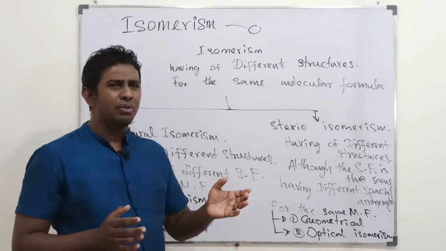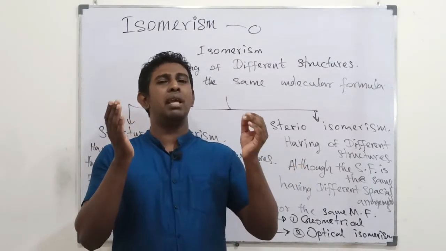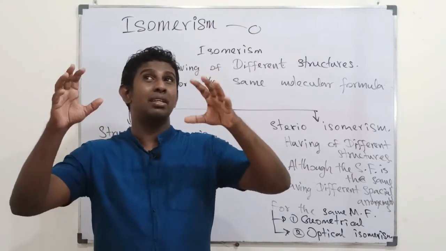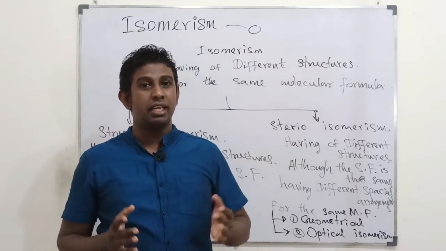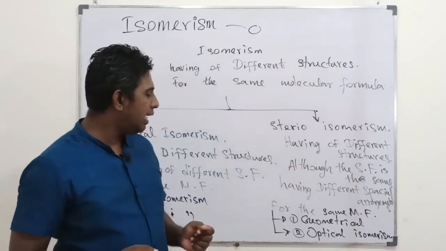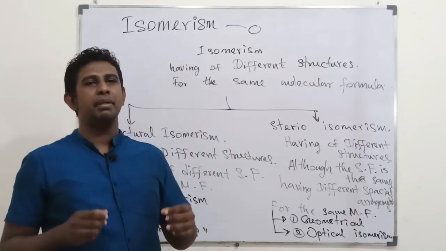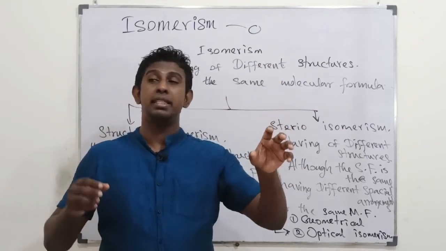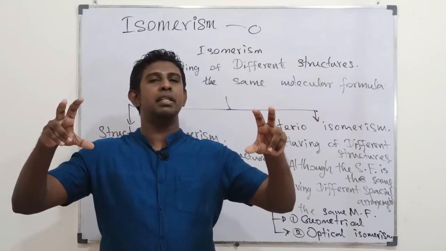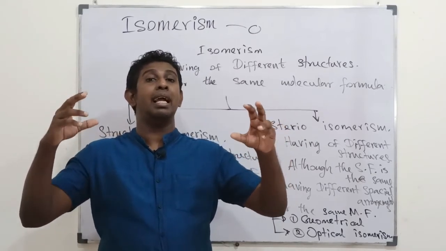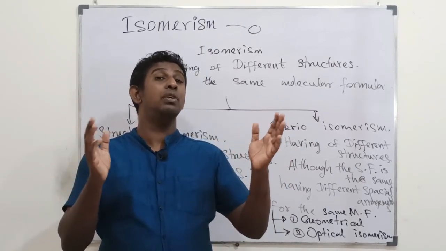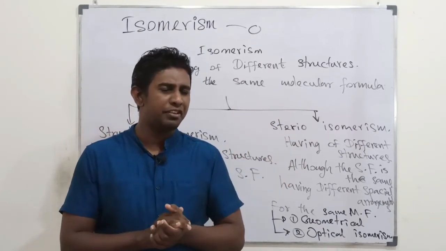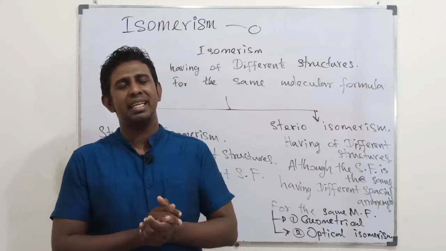Then, although you have the same molecular formula and the same structural formula, it could still be arranged differently in space. One way is when you have a carbon-carbon double bond carrying two different groups on each carbon, their arrangement could follow two different ways. That is what we call geometrical isomerism. We are going to find that out.